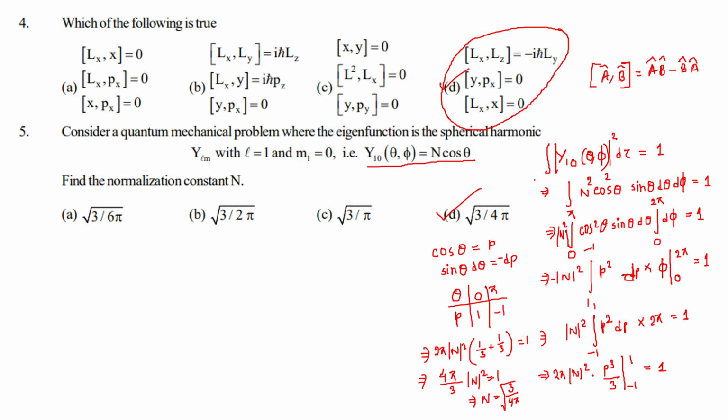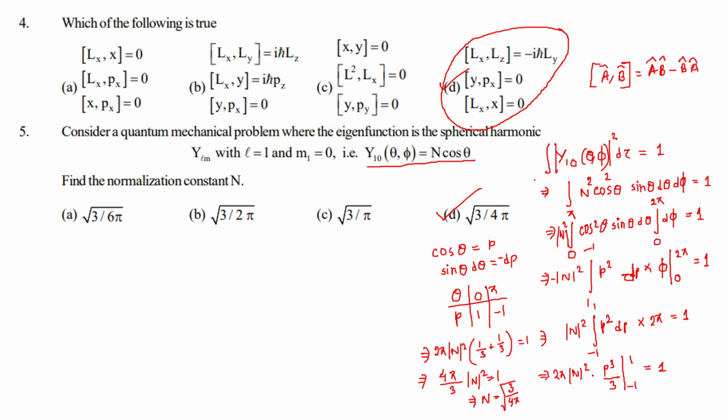So that is a very easy problem. You just need to put that wave function into your normalization condition, that bond condition that you are going to get: the probability of finding that particle all over the space is going to be 1.